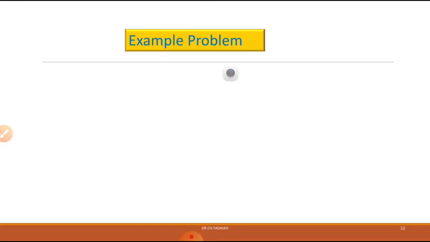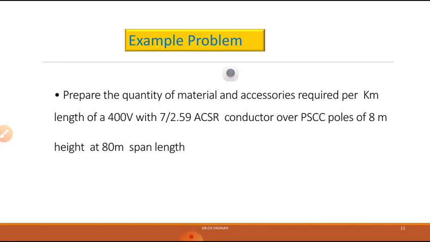Now let us do one problem. So a problem is given, and based on this we are going to work. What is the problem? Prepare the quantity of material and accessories required for a kilometer length of 400 volts line with 7 by 2.59 ACSR conductors over PSCC poles of 8 meters height at a span length of 80 meters.